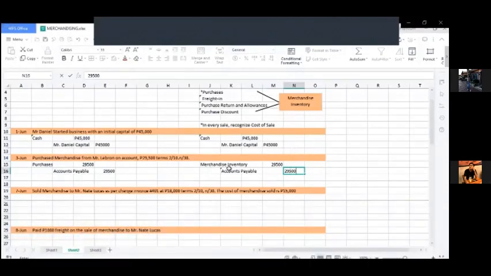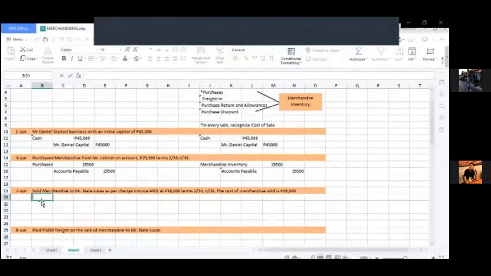So next is June 7. Sold merchandise to Mr. Nate Lucas as per charge invoice number 401 for 18,000, terms 2/10, n/30. And the cost of merchandise sold is 15,000. So ito yung cost of merchandise, ibibigay natin yan kapag perpetual inventory system.